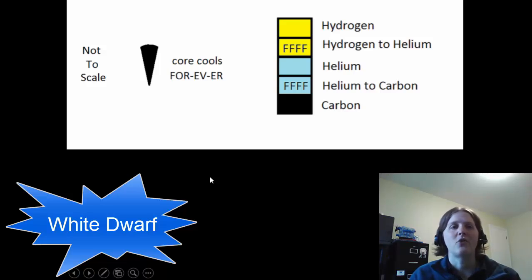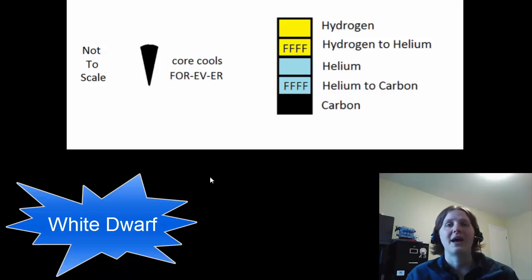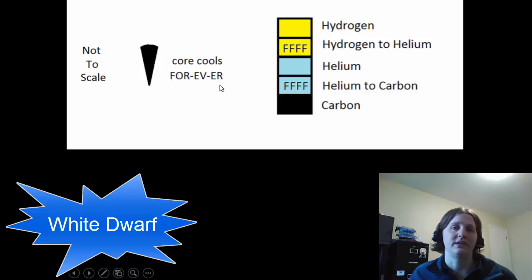The last phase for a low mass star is called a white dwarf. And the white dwarf is just a new name for this carbon core. And basically what a white dwarf does is it cools forever. That's what it does. It's just going to get cooler and dimmer as it orbits throughout the galaxy.